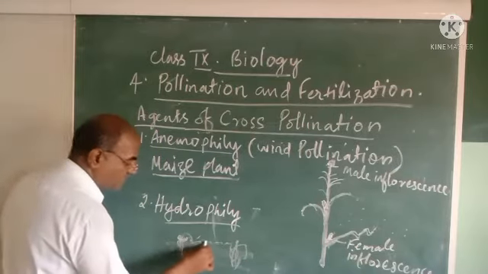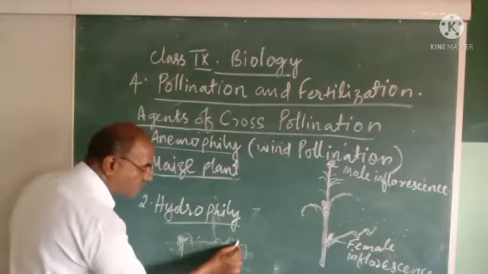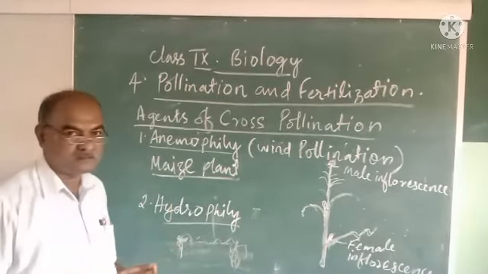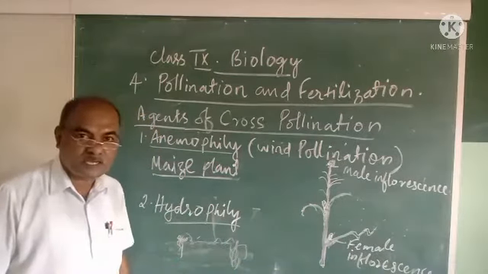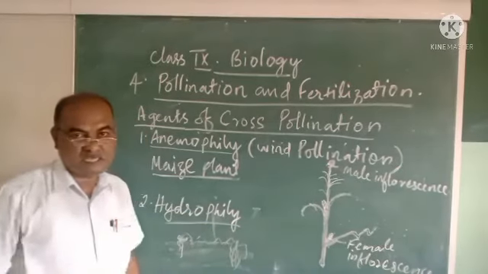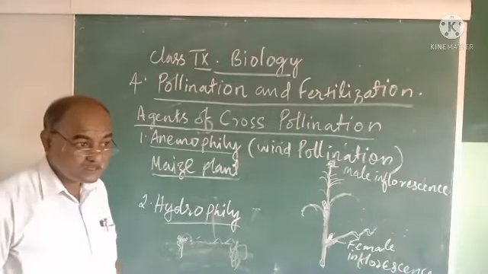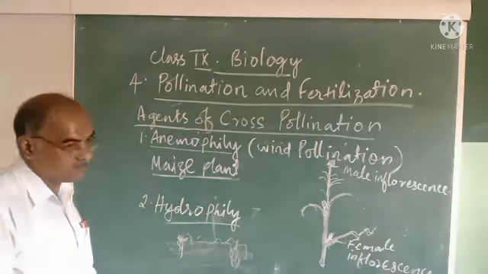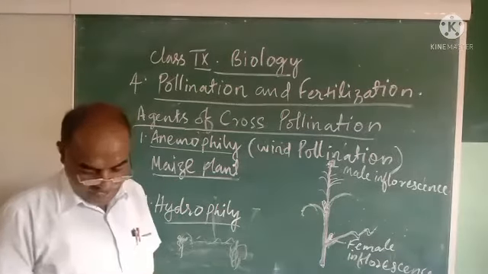When the water is flowing here and there, the pollen grains are there, and ultimately the stigma will receive that particular pollen grain. Understand? When the stigma receives the pollen grains, they will be transported through the ovary, through the stem. There the ovule receives the pollen grains, there the fusion takes place, there fertilization will take place. Understand? So that is this process of hydrophily.